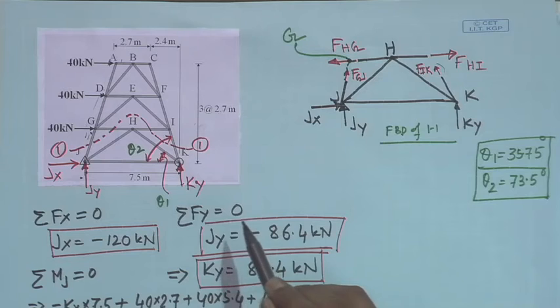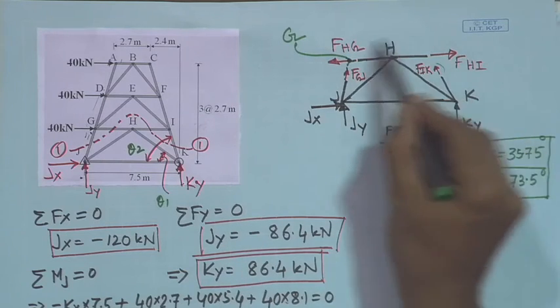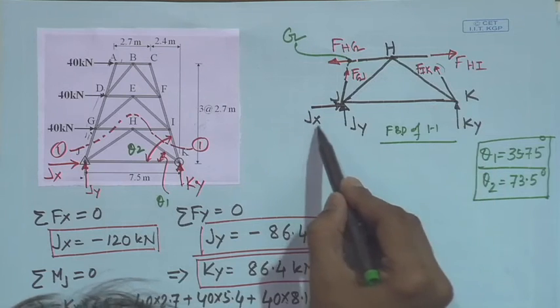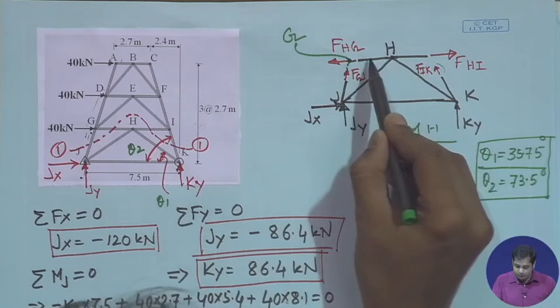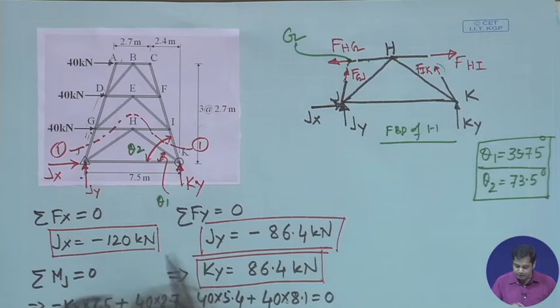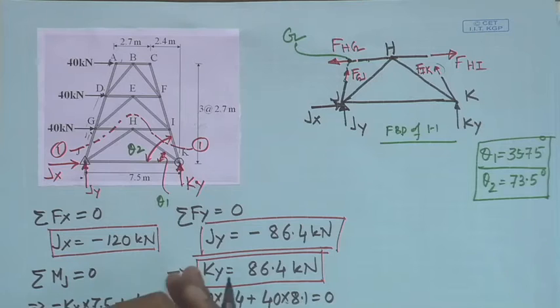How many unknowns do we have in this figure? The support reactions are known. This is unknown, this is unknown, this is unknown, this is unknown. If we take summation of Fx equal to 0 and summation of Fy equal to 0, then what happens?